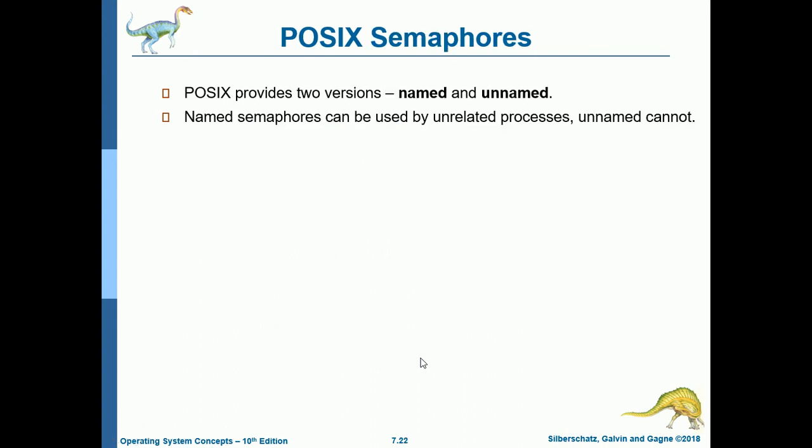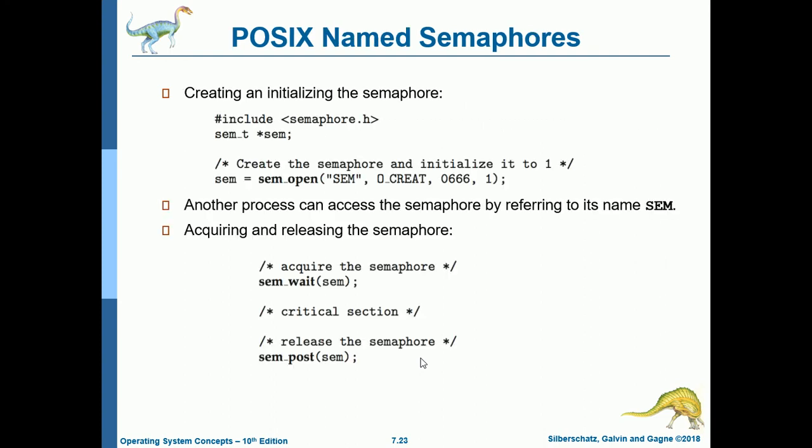We also have POSIX semaphores. POSIX provides two versions, named and unnamed. Named semaphores can be used by unrelated processes, unnamed cannot. For POSIX named semaphores, to create and initialize the semaphore, we have this library, #include <semaphore.h>, then sem_t *sem.